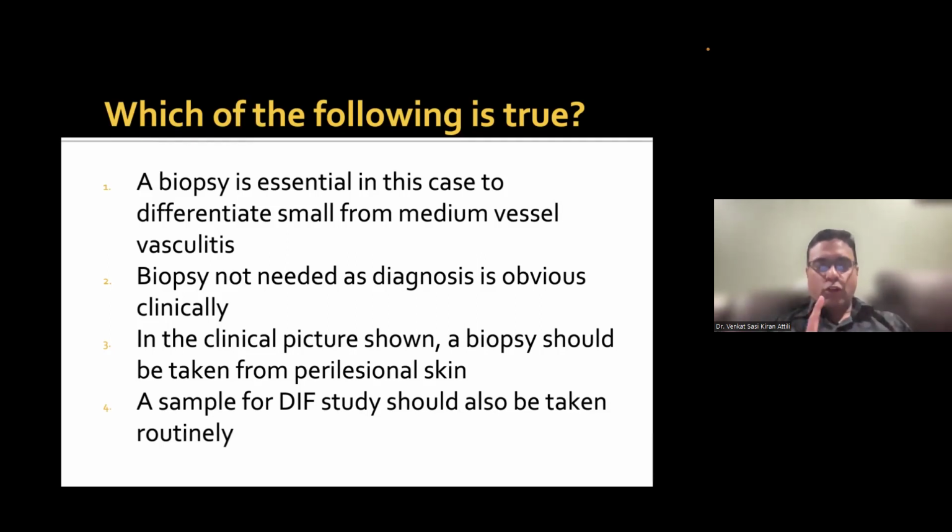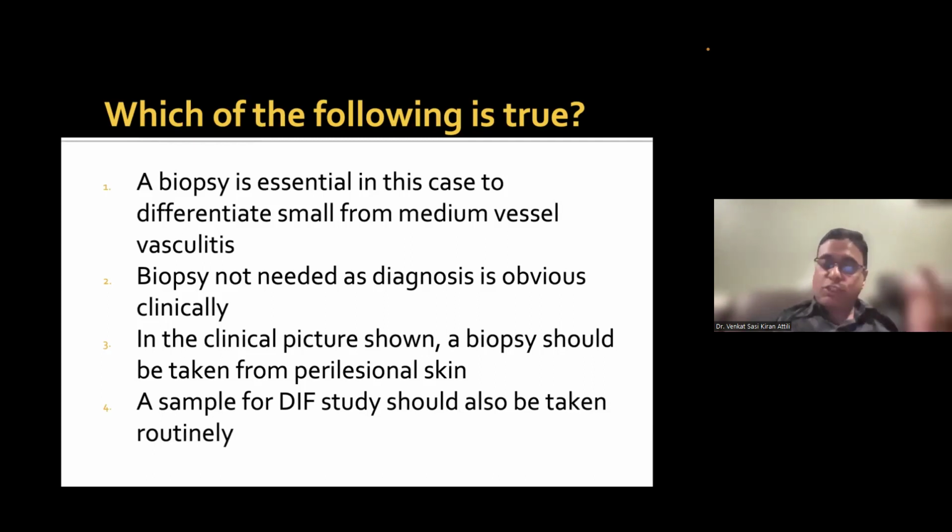I think, if I'm not wrong, you can choose multiple options. So there may be more than one option that is true, remember, or there may only be one option that is true. So just look at the options properly. Biopsy is essential to differentiate small from medium, not needed. Clinical picture shown, a biopsy is taken from the perilesional skin, and a sample for DIF should also be taken routinely.